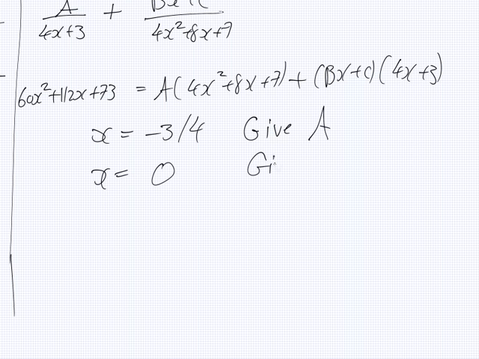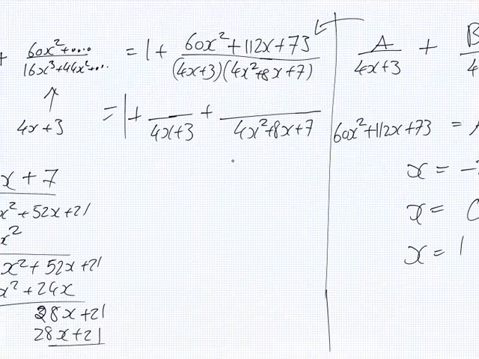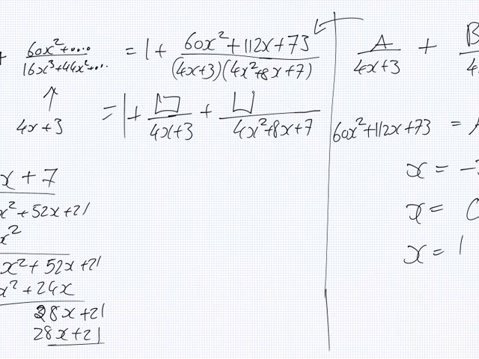And this gives me C. And what should I use lastly for x? 1, and this gives me B. Right, so we have A, C, and B easily from this. So if we go back, we can put in the A, the B, and the C, and then we have our answer here.